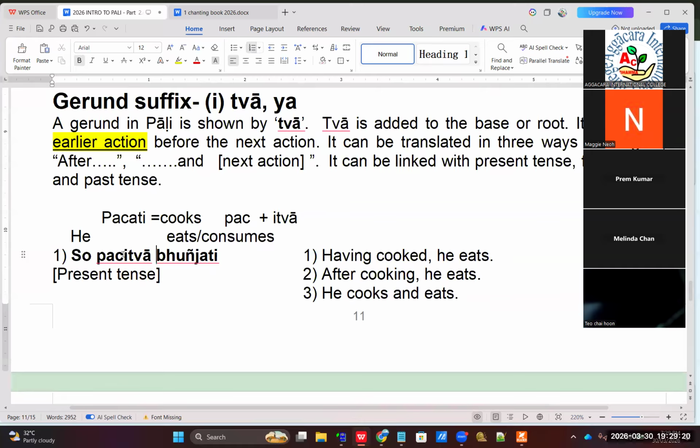Every time you see the tua: having cooked, or after, or and. He cook and, all right? So pachati is cook. He cook, itwa means and. He cooks and he eats something.